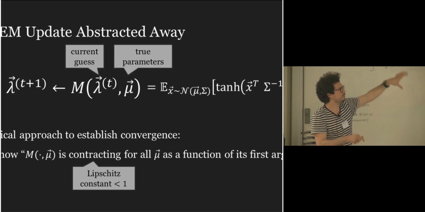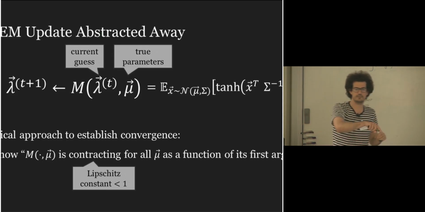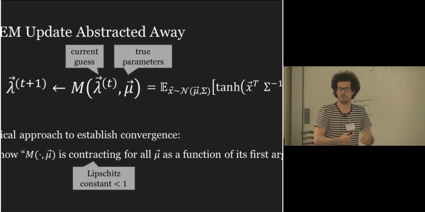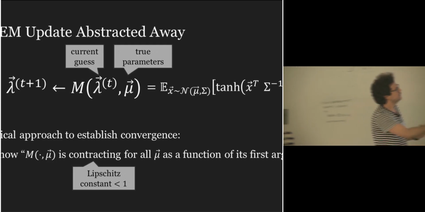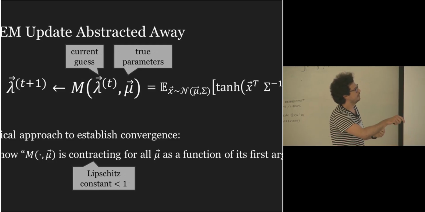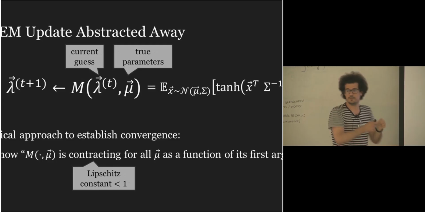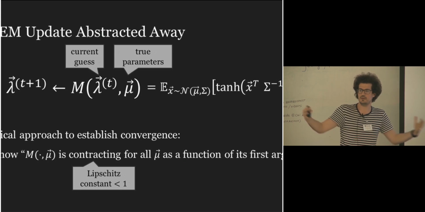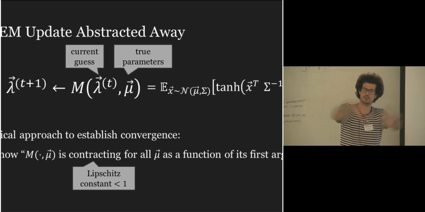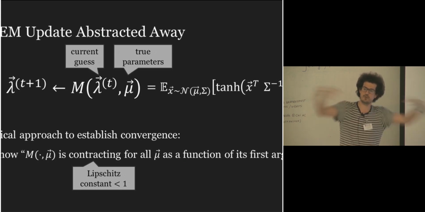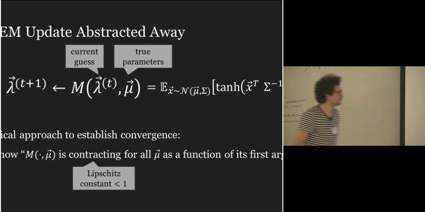The classical approach to show that an iterative method converges is to establish contraction. If you show that this function, for every instance, is contracting with respect to the current iterate, then by Banach's fixed point theorem, you get a unique solution and you have global convergence to that solution.